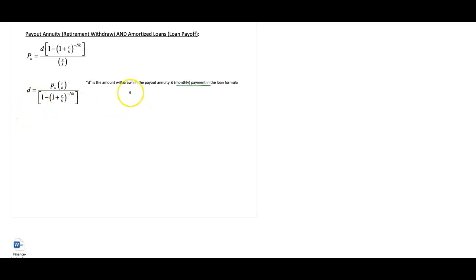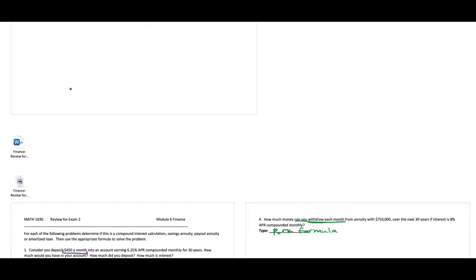So remember, that's either if it's the amount withdrawn, how much you are taking out for your retirement, or if it's talking about a loan and the payment amount. We'll use the PORC formula on that one. Is that making sense a little bit better for you, like when to use which formula?